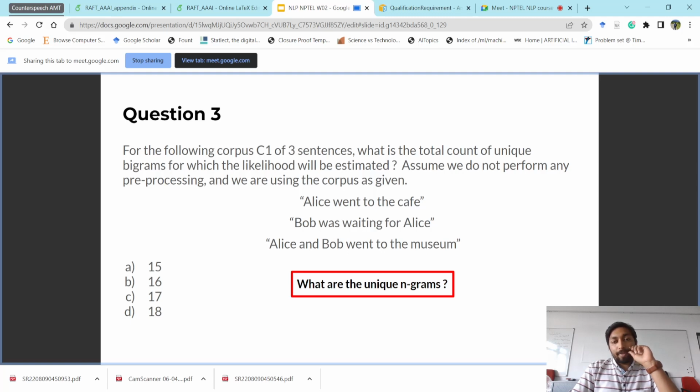So before even going to the question, what are unique n-grams? Here it is bigrams, but let us generalize a bit. So what are the unique n-grams? How do you know the n-grams, or let's say what are unique unigrams?